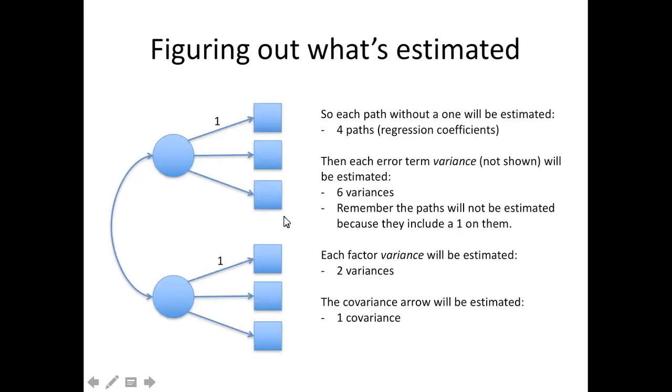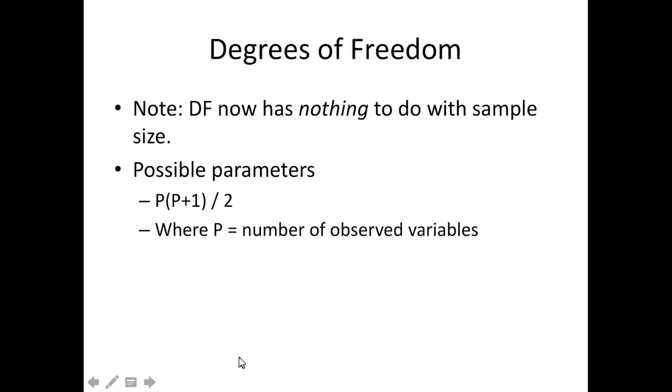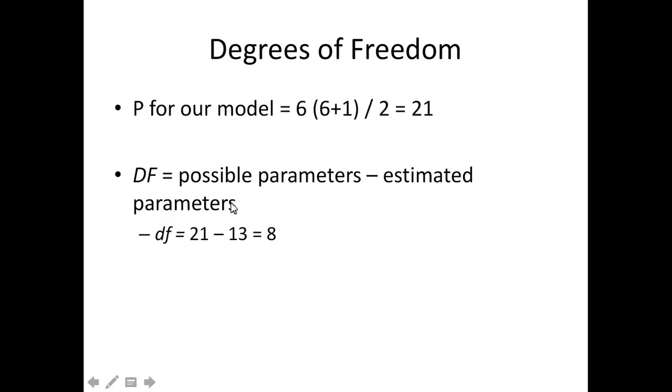If I look at this model, I've got 6 squares. So 6 times 7 divided by 2 is 21 possible parameters. Degrees of freedom is possible parameters minus estimated parameters. I had 21 possible, I estimated 13, so I have 8 degrees of freedom for this model.